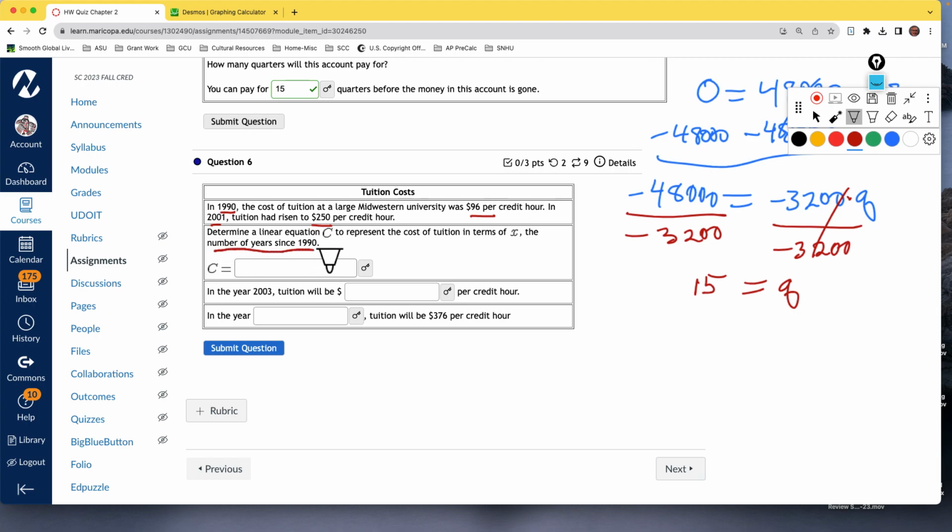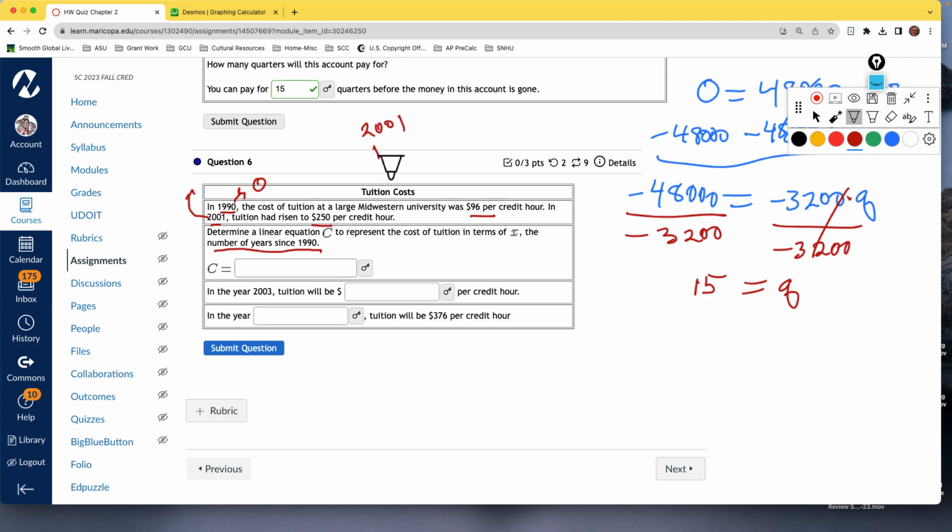Years since 1990, what that means is let's make 1990 year 0. That's really what it's saying. So this becomes year 0. So what would year 2001 be? Year 11. Good. We can calculate it.